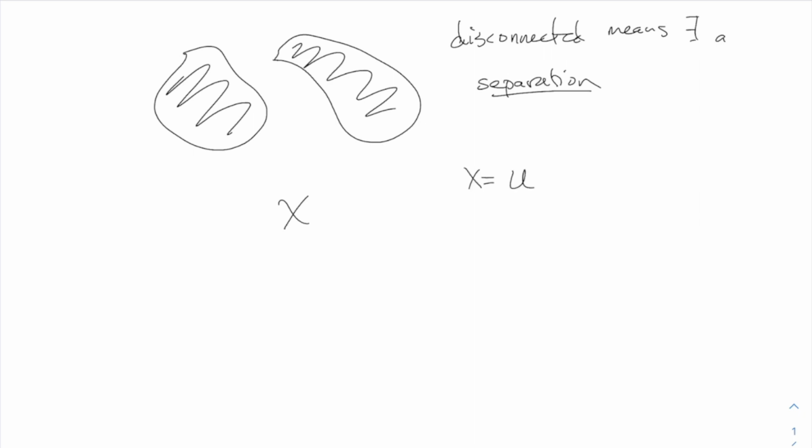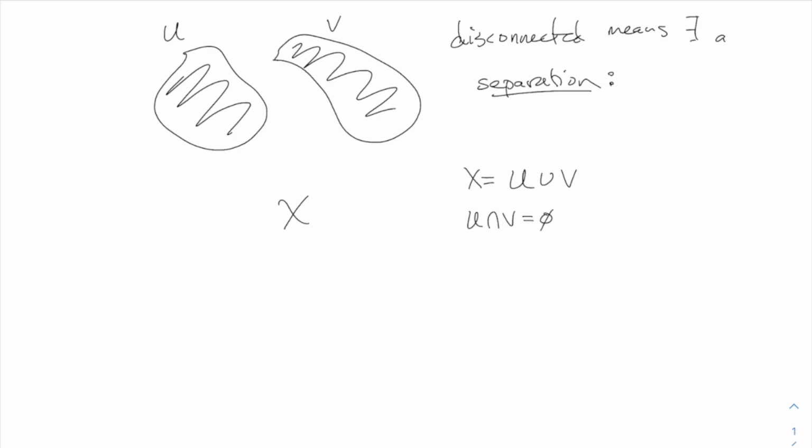X equals U union V, and the U and the V are basically the two pieces, right? Although if there's more than two pieces, then maybe the U is two of the pieces and the V is one other piece or whatever. But anyway, a separation means X equals U union V, and U intersect V is empty.